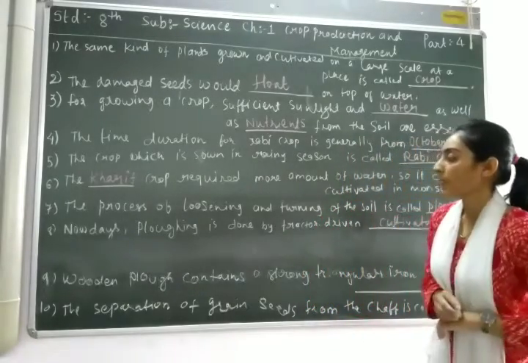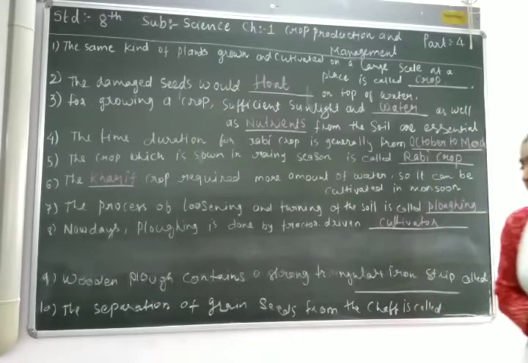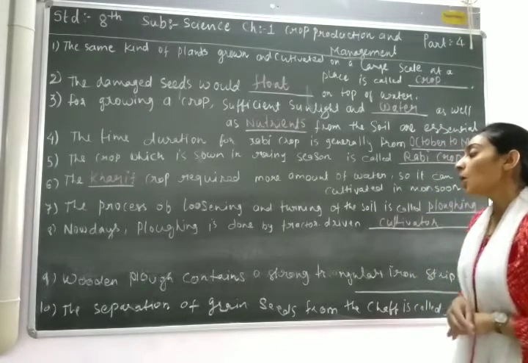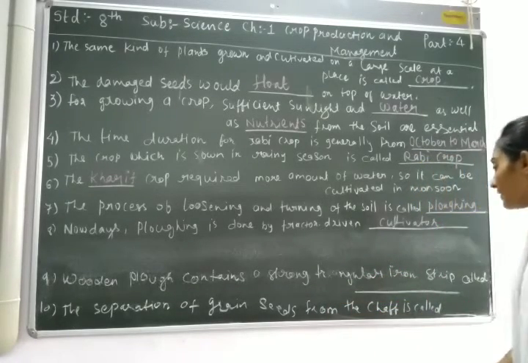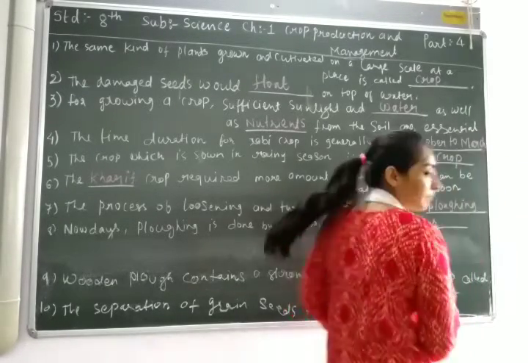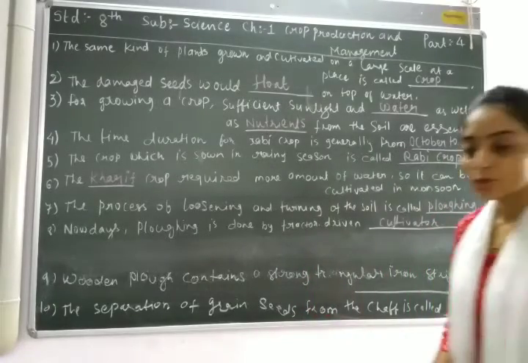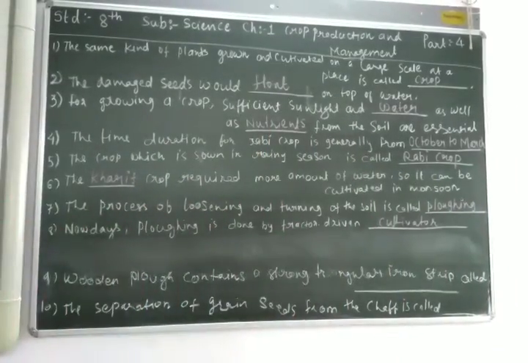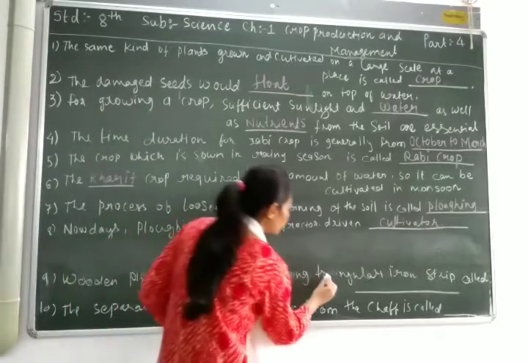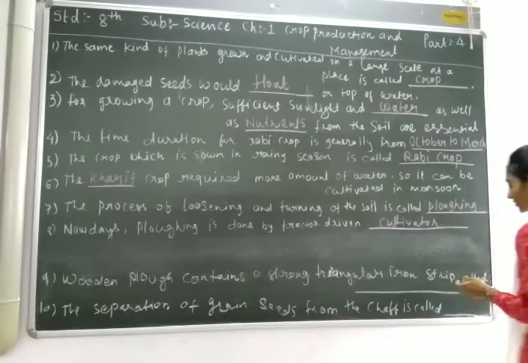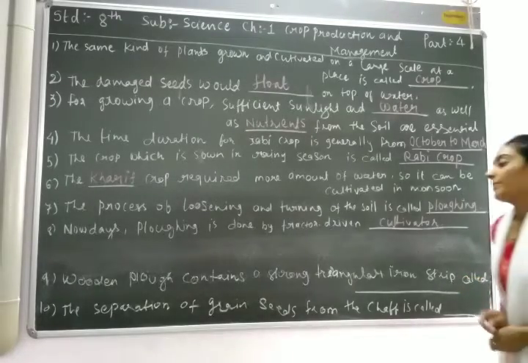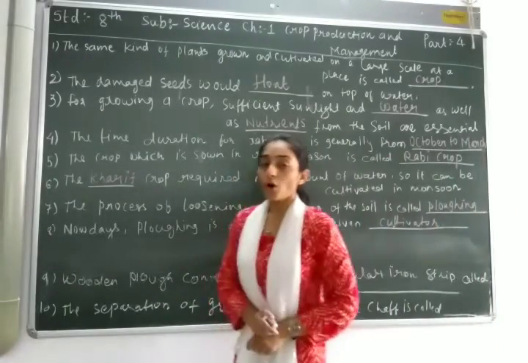Cultivator. Okay. Now, a wooden block contains a strong triangular iron strip called, okay, a wooden block.